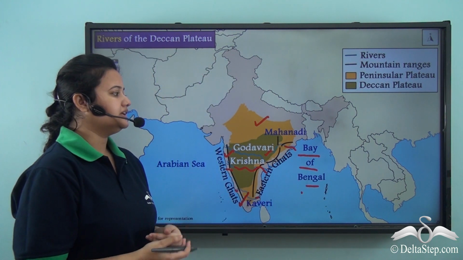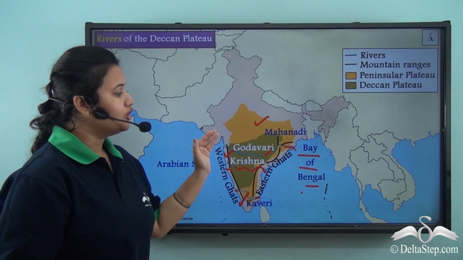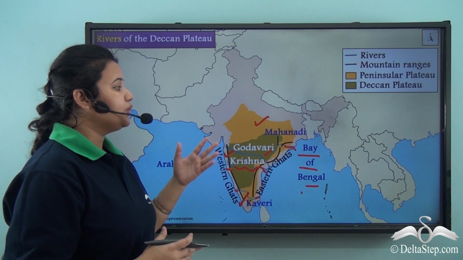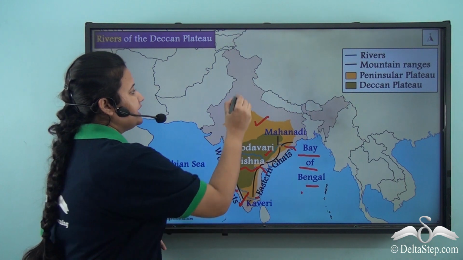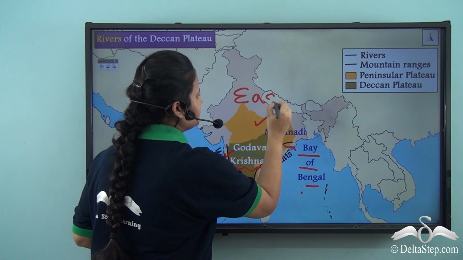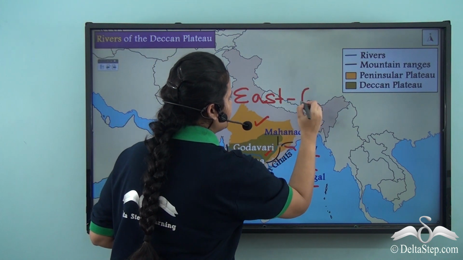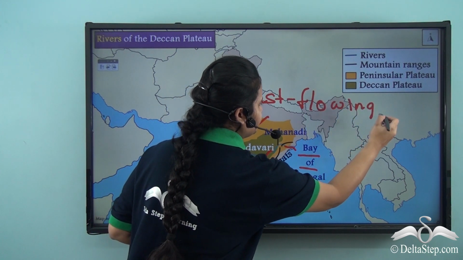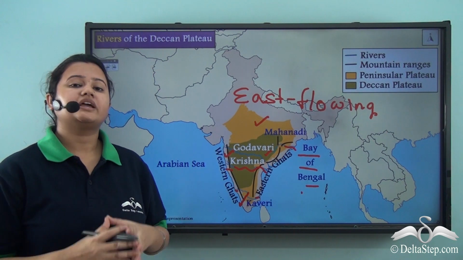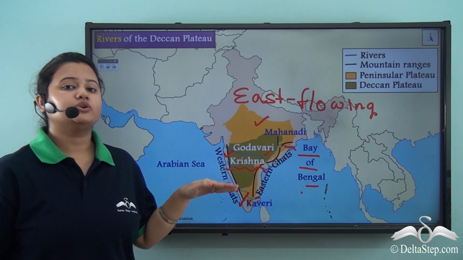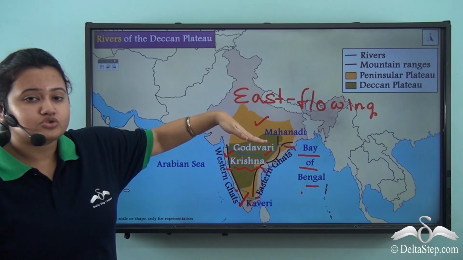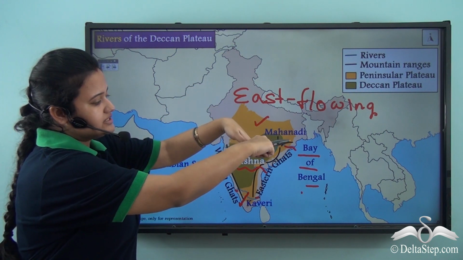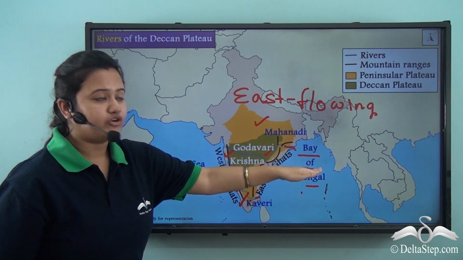So we can see here that all these rivers flow to the east and drain into the Bay of Bengal. So we can say that they are east flowing rivers. So from this we can conclude that Deccan Plateau is a region that slopes to the east. So all the rivers flow eastwards and they join Bay of Bengal.